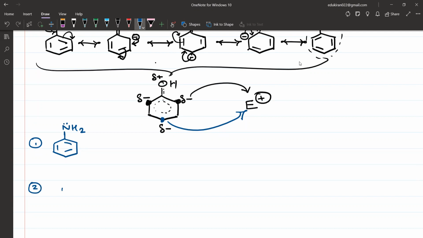Second is the CH2 negative. Write down this structure. This is for homework because it is similar to the above case.